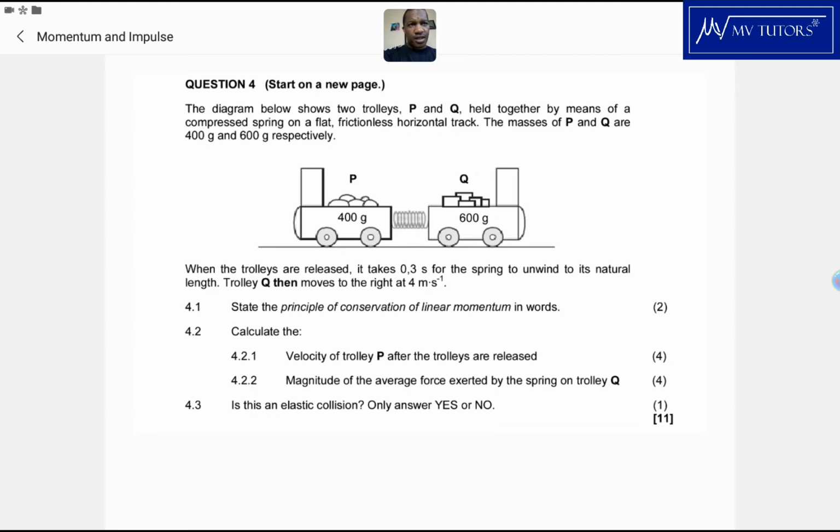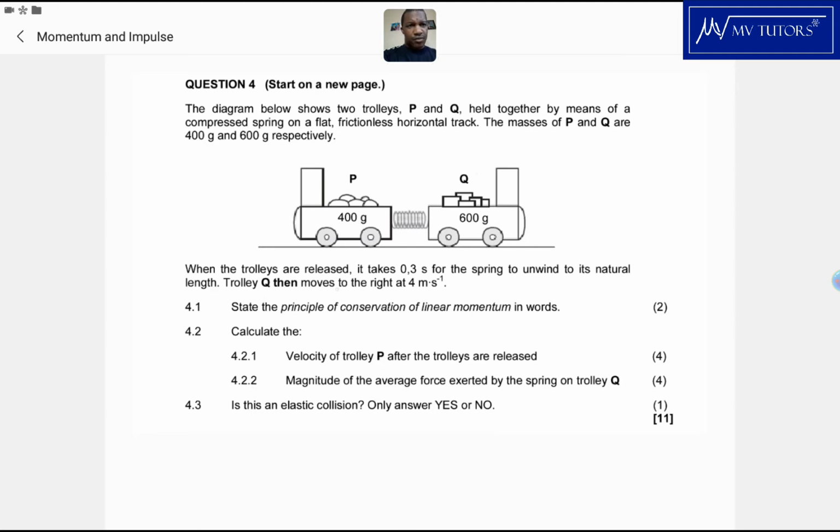We can see them in this picture over here. When the trolleys are released, it takes 0.3 seconds for the spring to unwind to its natural length. As we can see from this picture, the spring is already compressed.